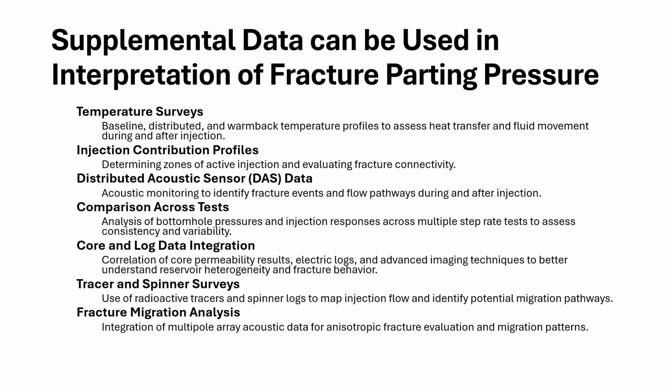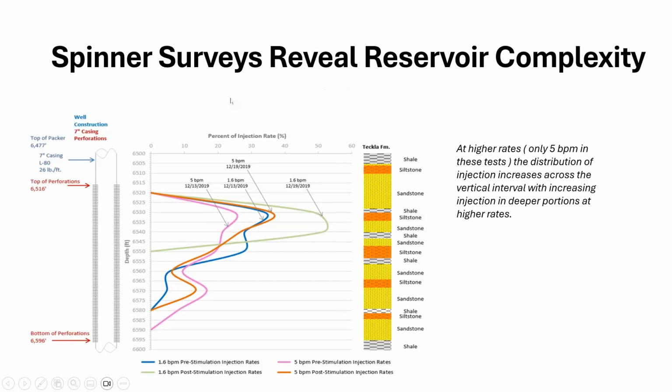There are also new tools developed for fracture migration analysis, where the tool integrates multiple arrays of acoustic data with anisotropic fracture evaluation. It can determine migration pathways. I have an example of that too.